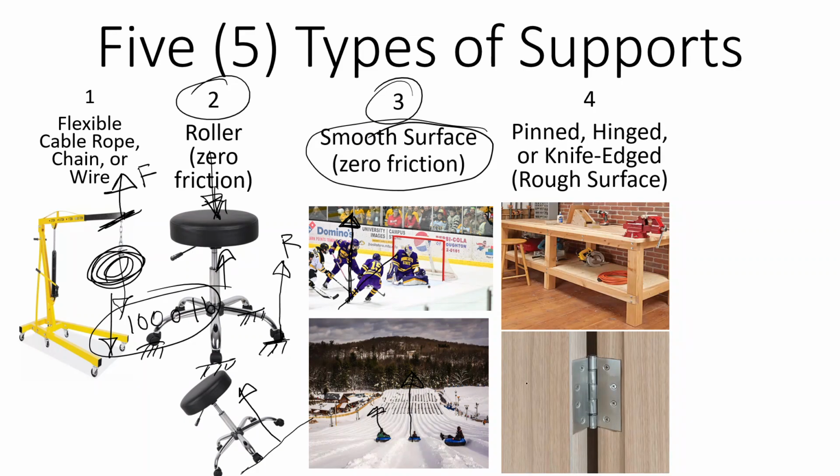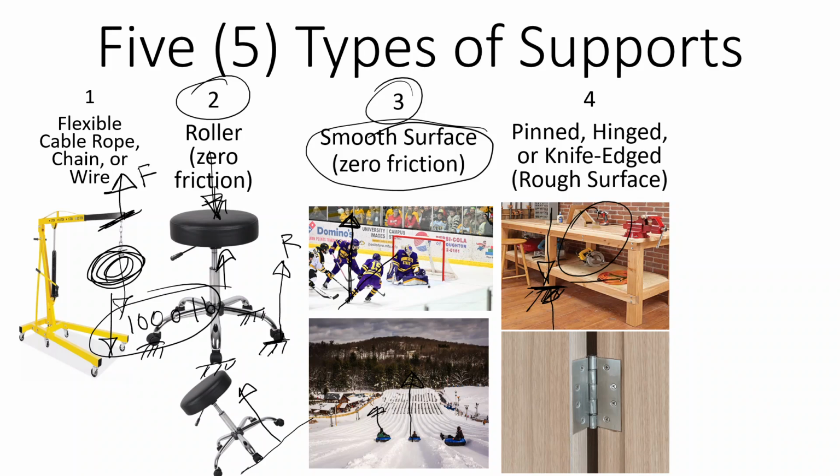Now the next connection type is called pinned, hinge, knife edge, or rough surface. Look at this work table, where you don't want the table to move around. Also, you don't want to attach it to the ground. For analysis purposes, if we release this from one of these legs, the weight of the table will go down this way, and because we are taking this support away, we have to balance that force by applying another support force. However, it's a rough surface, so there will be some resistance coming.